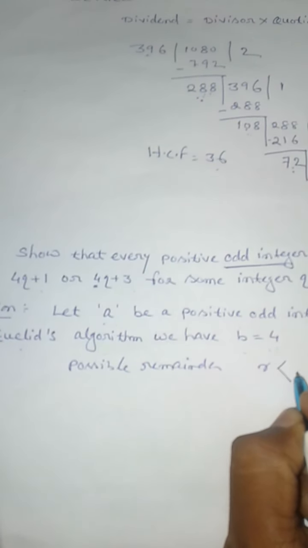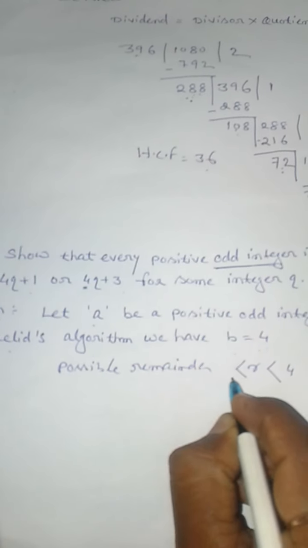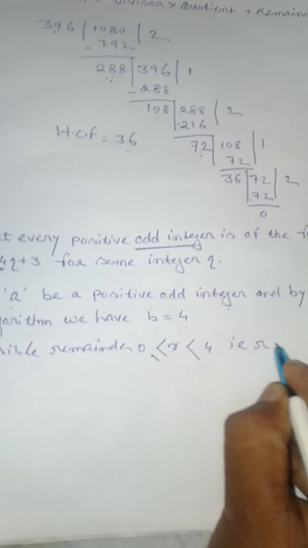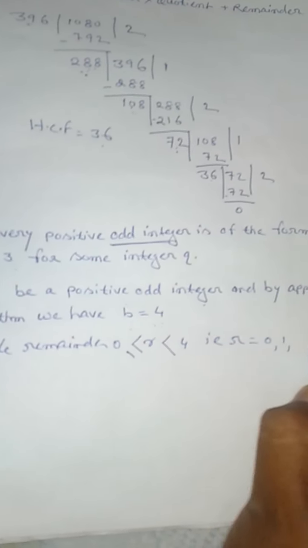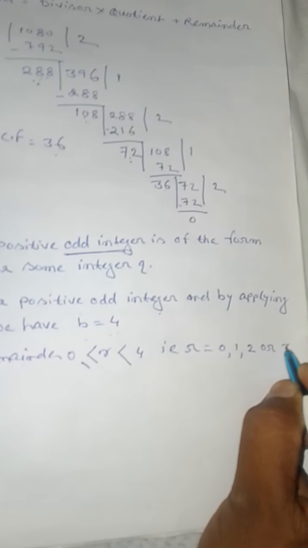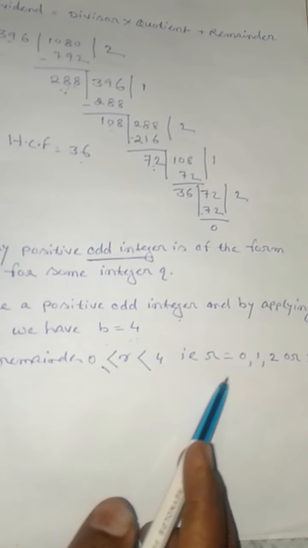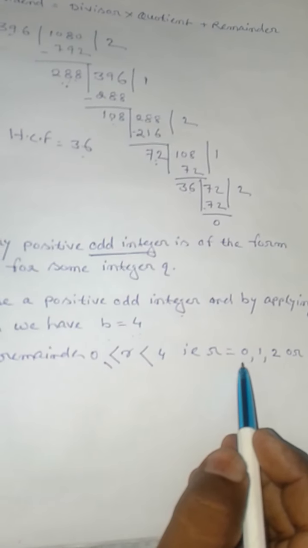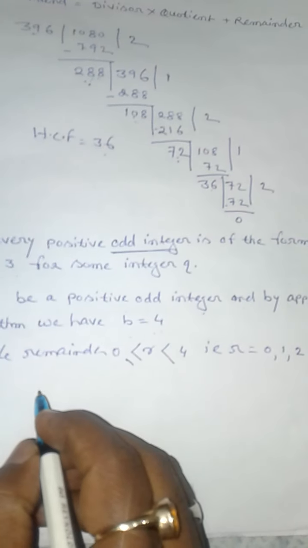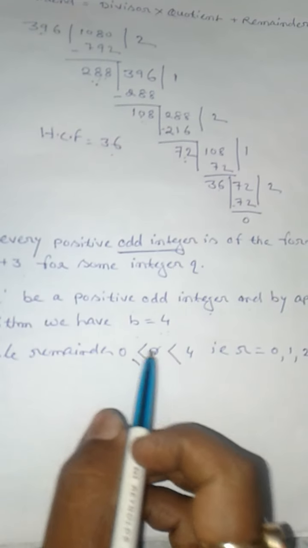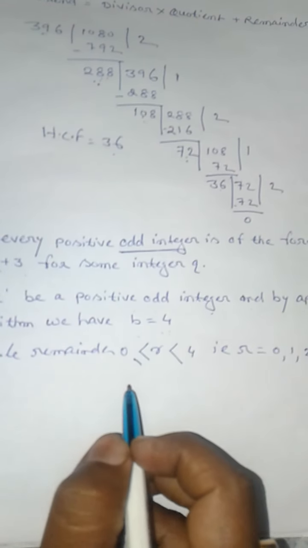Our remainder will lie between 4 and 0. That is, the remainder may be 0, 1, 2 or 3. So we got what may be the possible remainder. One by one I will take the remainder, and in the formula a equal to bq plus r, that is dividend equal to divisor into quotient plus remainder, I will put the value.